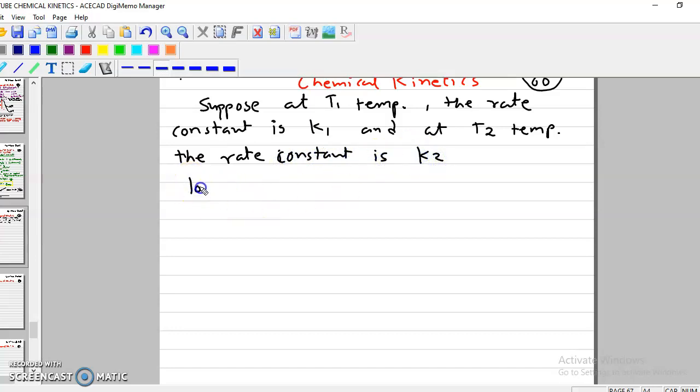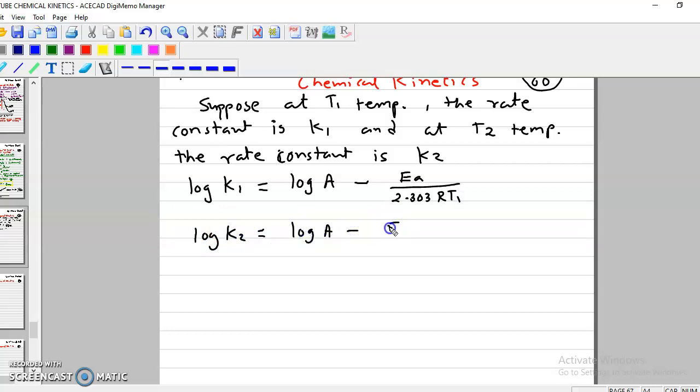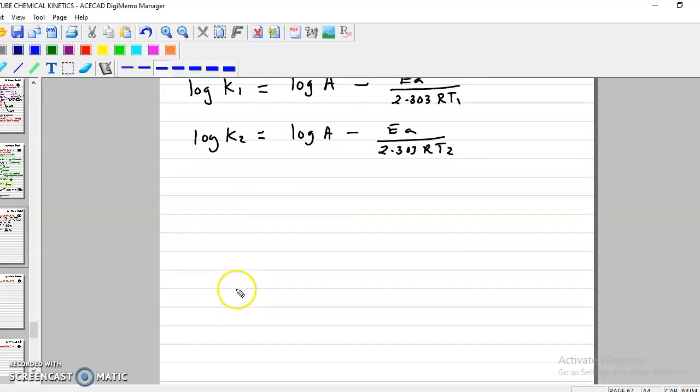Then, according to the Arrhenius equation, we can write log K1 is equal to log A minus Ea upon 2.303 RT1, and log K2 is equal to log A minus Ea upon 2.303 RT2. We take the difference of these two equations.